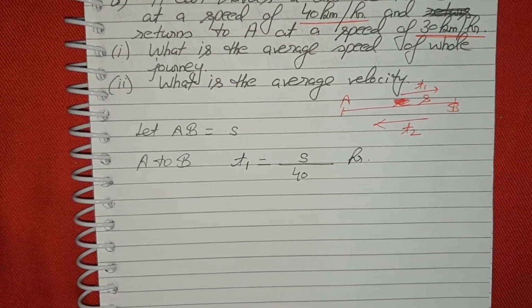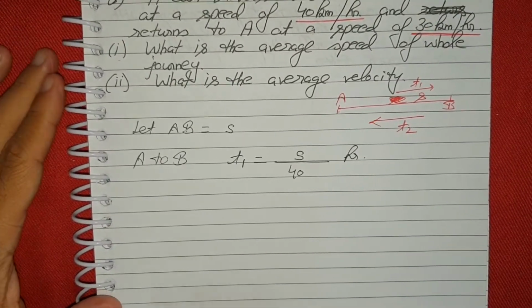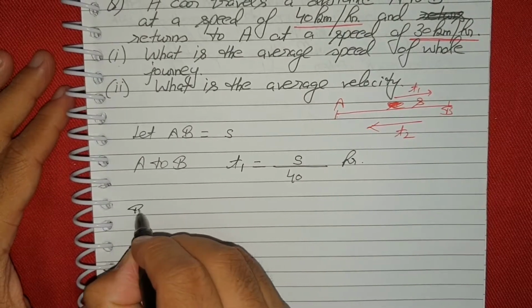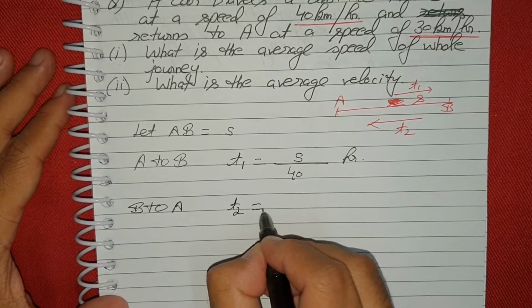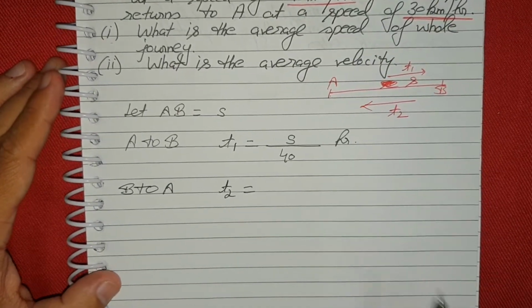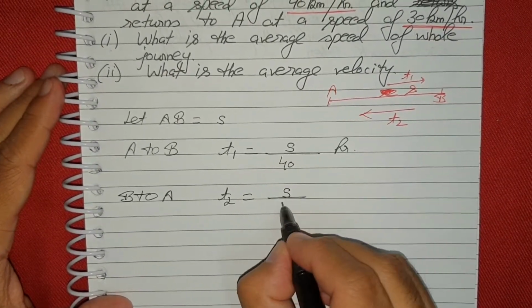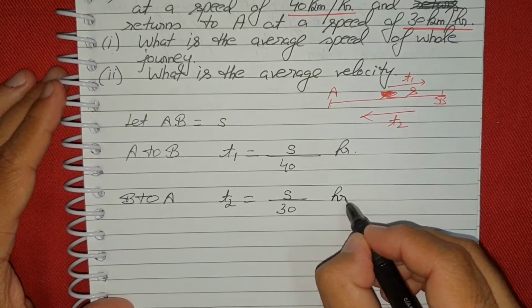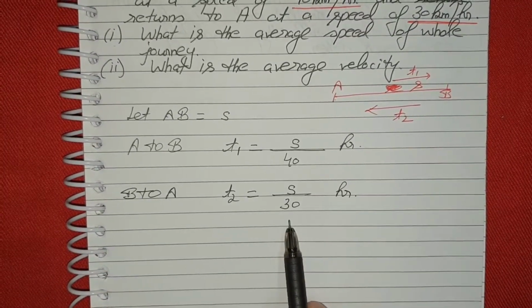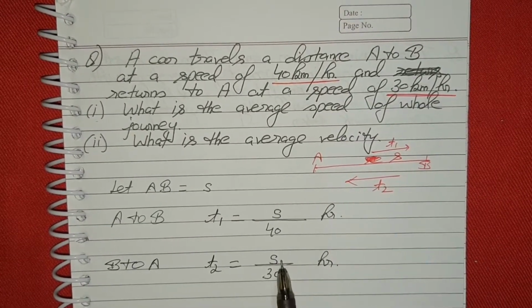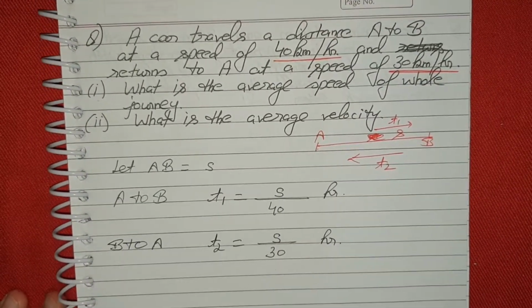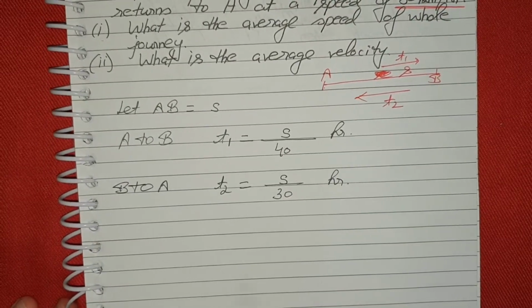Now, time to move from B to A. Now, from B to A, T2, time 2, will be s by 30 hours. Distance by speed, because from B to A it is 30 km per hour. So, s by 30.